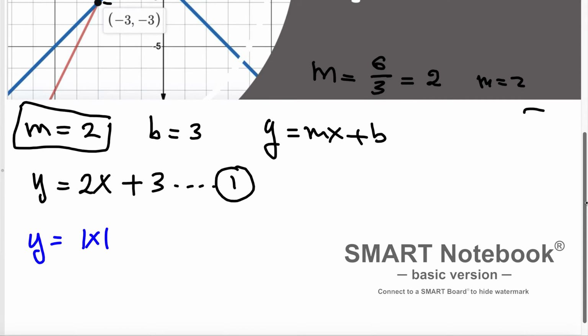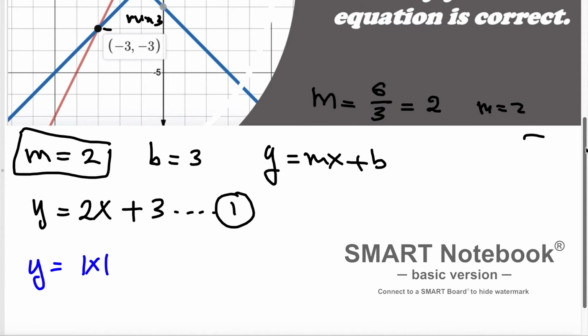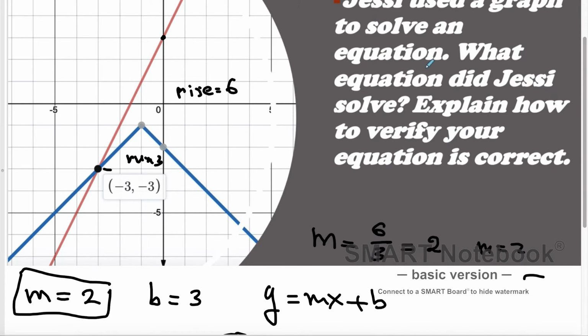But if we look at what kind of transformation is here, we see the parent function moved 1 unit to the left and 1 unit down, and we have a reflection over the x-axis because this is upside down.